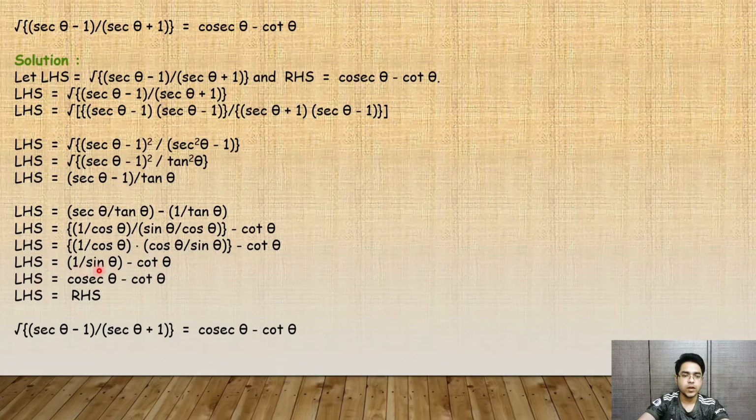So finally 1 upon sin θ's value is cosec θ, so cosec θ minus cot θ we will be getting here. Now this is equal to RHS, hence proved LHS is equal to RHS.